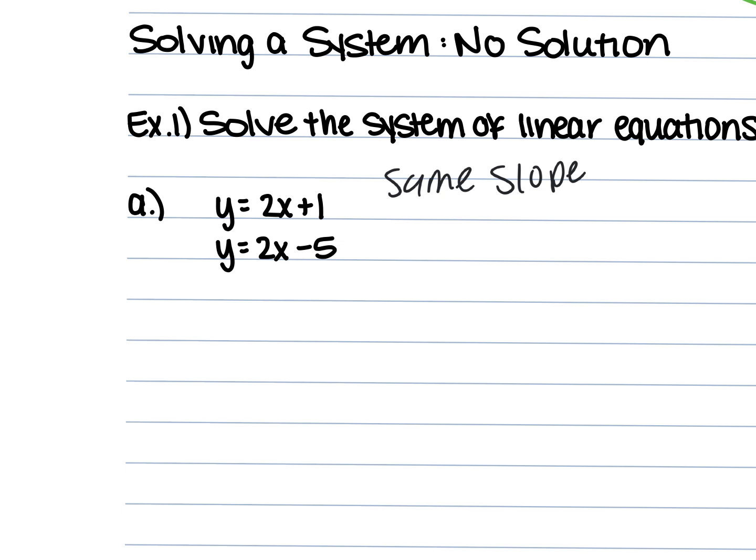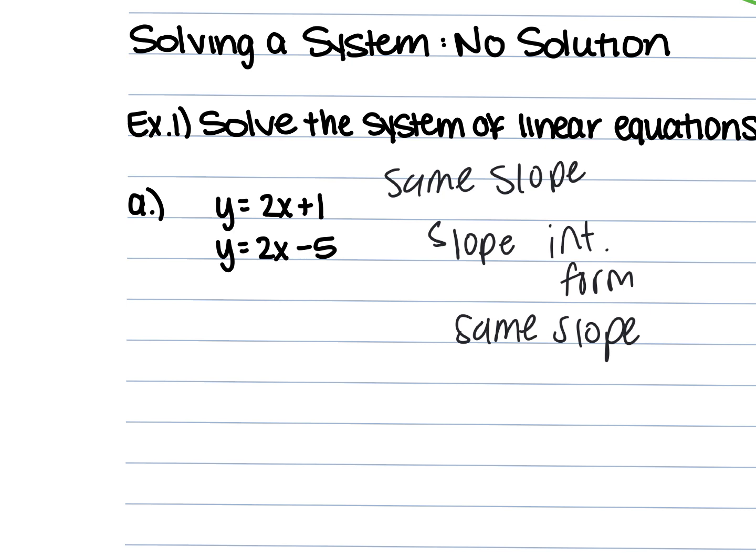Andrea? Excellent. It's in slope-intercept form. So they have the same slope. And if they have the same slope, what do I know about the two lines? They're parallel. Now, you have to be careful, because they could be parallel but also be right on top of each other.